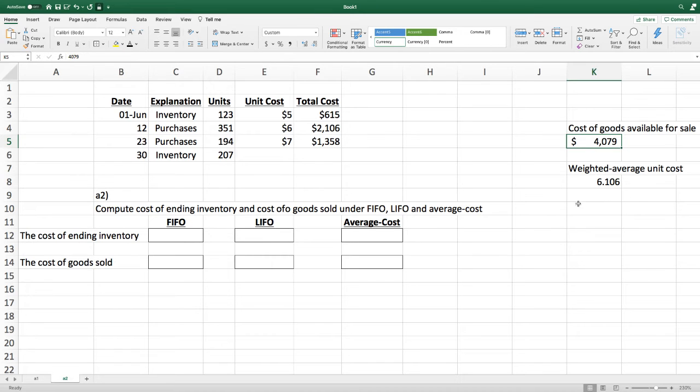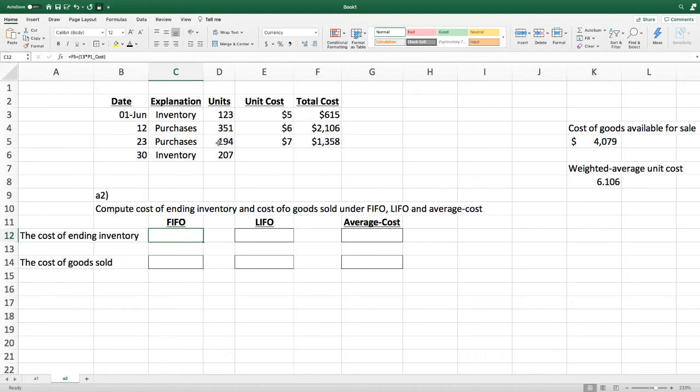We bring those two over from our other page just because they're easier to have here for what we're about to do. So now we are trying to find the FIFO and the LIFO. FIFO stands for first in, first out, and LIFO stands for last in, first out. For FIFO, we're going to take our 194 and find the difference between that and our remaining inventory, which is 13.